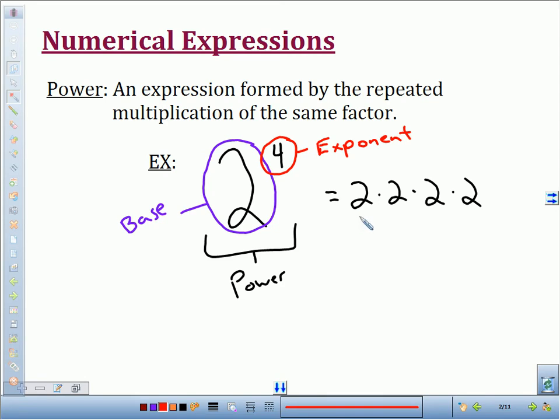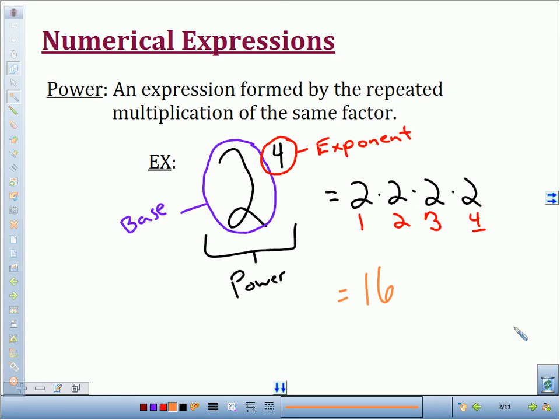That is, we have 2 multiplied together, in this case, 4 times. This is an expression. The operation is multiplication, and the numbers are all 2. Since there are 4 2's in this operation, this is 2 to the fourth power. And just for fun, 2 to the fourth power: 2 times 2 is 4, 4 times 2 is 8, 8 times 2 is 16. So 2 to the fourth power equals 16.